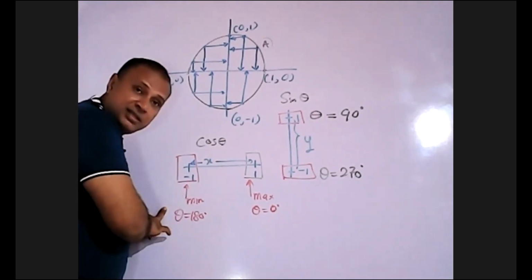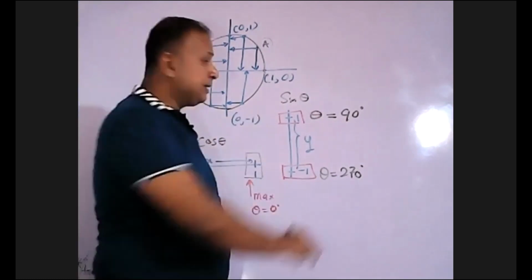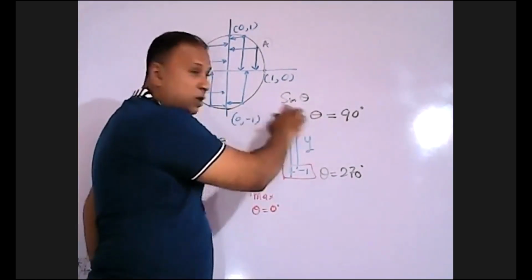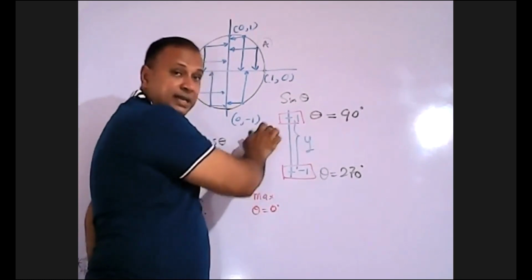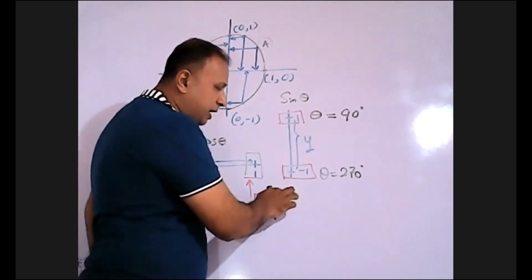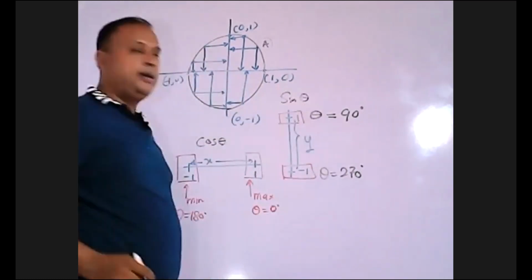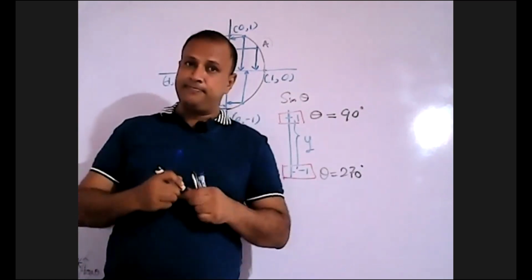It comes when theta is equal to 180. Likewise, the maximum sine value is equal to 1. It comes when theta is equal to 90. The minimum sine value is equal to -1. It comes when theta is equal to 270.